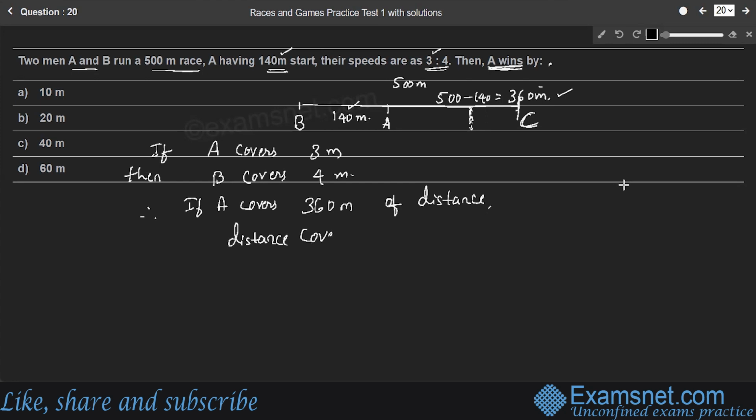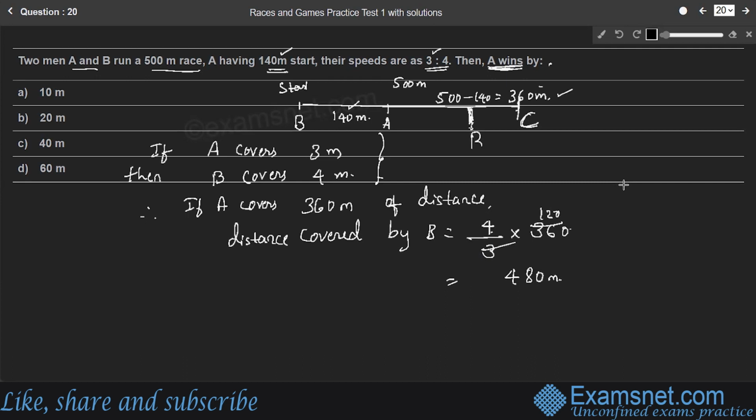Finally, we have to find the distance at which A wins. Based on this information, if A covers 3 meters, B covers 4 meters. Therefore, if A covers 360 meters, it is 120 into 4, which is 480 meters. So the distance covered by B from the starting point is 480 meters.